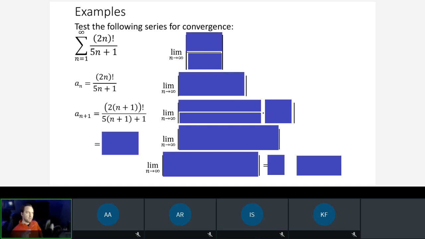And then don't forget to simplify. Distribute this 2 times n, 2 times 1. Distribute the 5 times n, 5 times 1. So the numerator becomes 2n plus 2, quantity factorial, and the bottom becomes 5n plus 6.